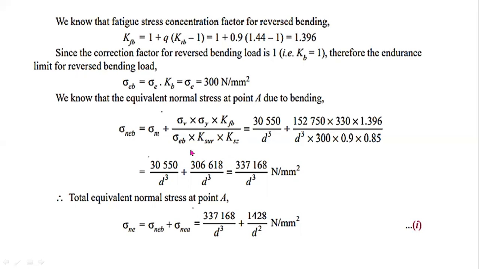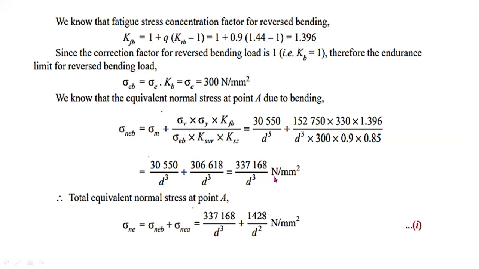Substitute the values of sigma V and sigma M, K surface, K size factors. Then the answer is 337,168 by d cube. That is the equivalent bending stress.